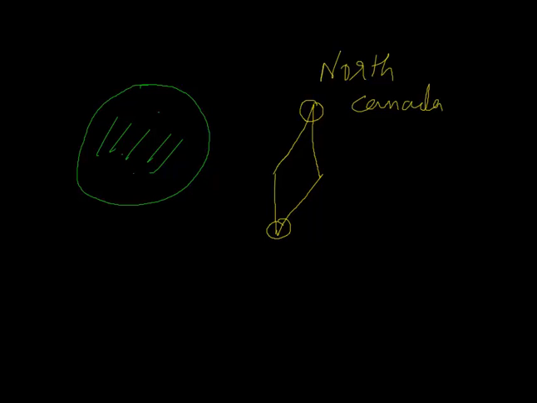These are called the geographical poles of earth, right? By convention I am writing north here, this pole I am writing north, while the opposite one I am writing south pole, and I am just shading that portion.